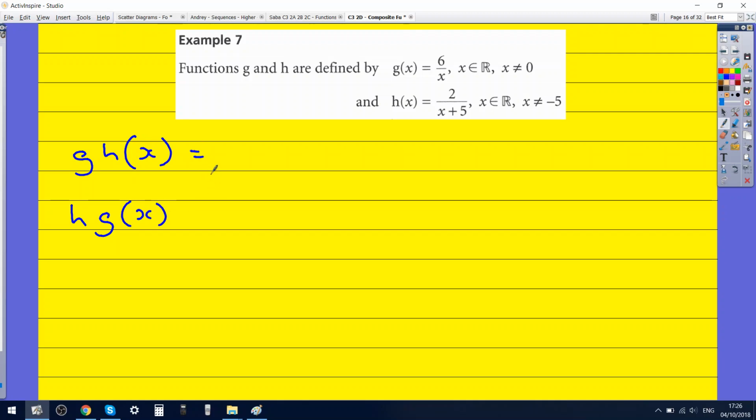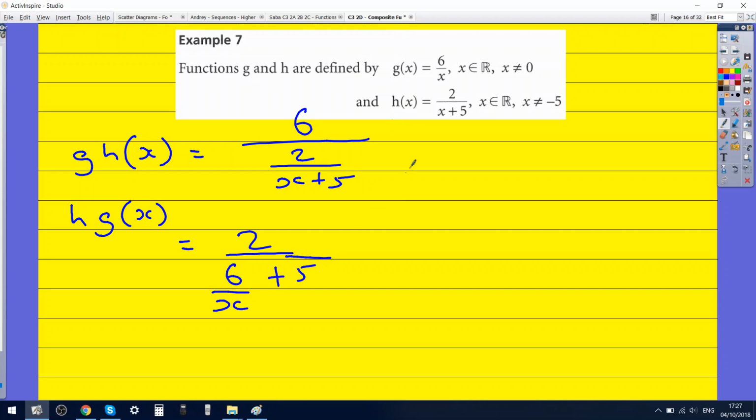The g of h of x would be 6 over 2 over x plus 5. I'm happy enough with that. And then the other one would be 2 over 6 over x plus 5, where 6 over x and then plus 5 is separate.